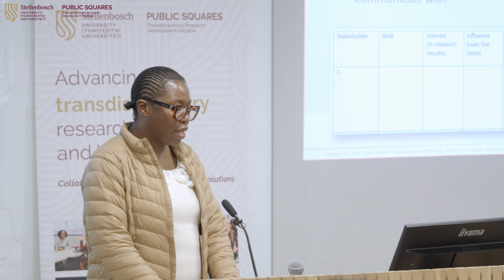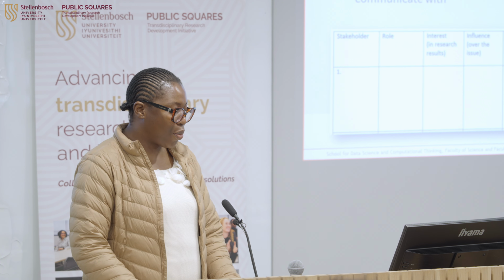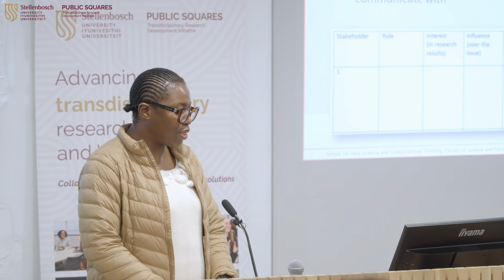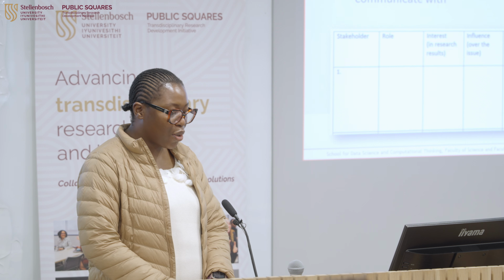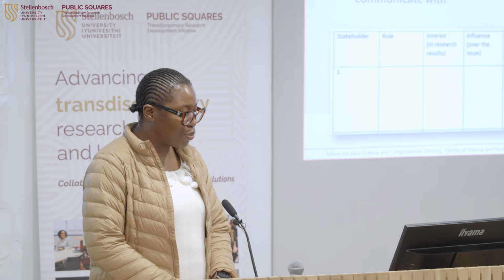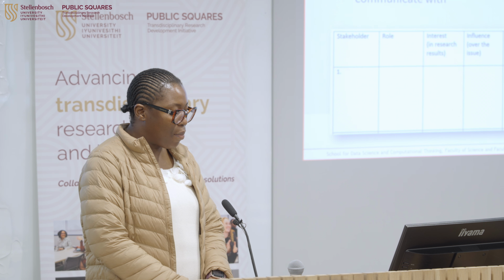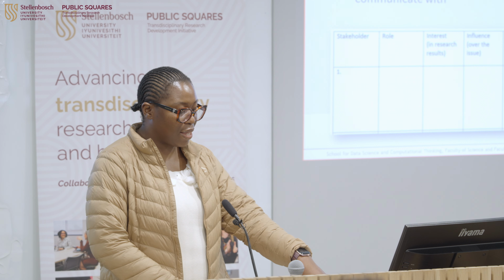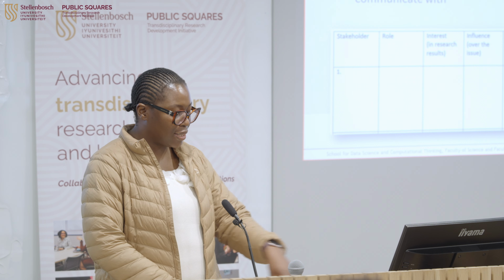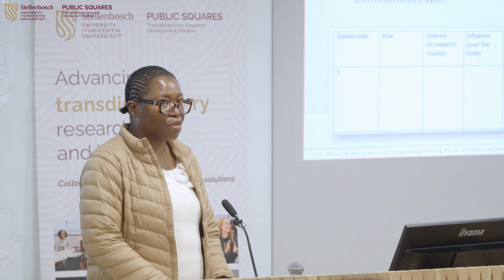You list the name of the stakeholder, what is their role, what is their interest in the research, what is their influence, what is important to the stakeholder, how can the stakeholder contribute to the research, how could the stakeholder block the research, and how you classified them, which you would have already done. And then you develop a strategy for engaging with them, which is what we're going to talk about further.